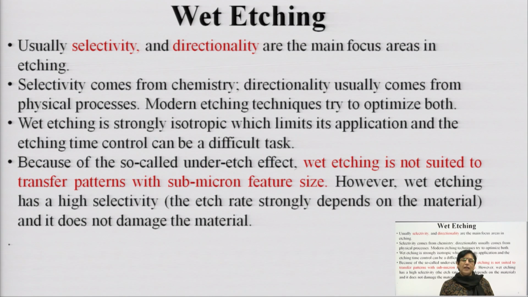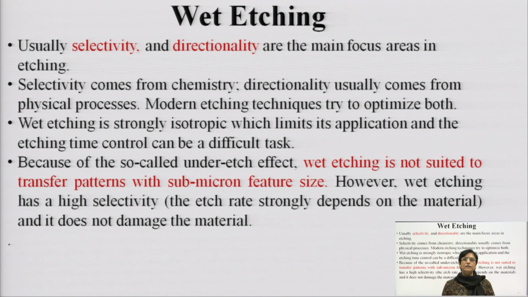Usually selectivity and directionality are the main focus points. Selectivity comes from the chemistry, directionality comes from the physical processes. The modern etching techniques try to optimize both of these, and therefore we have different applications.